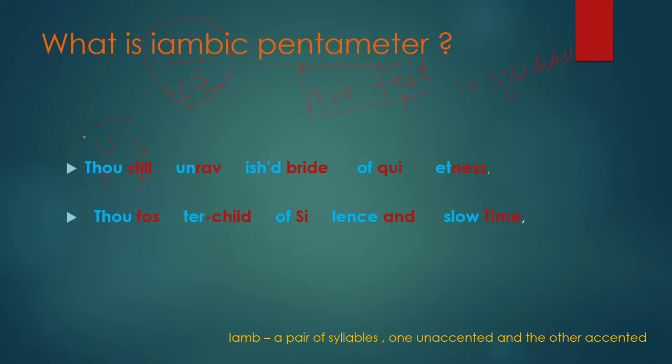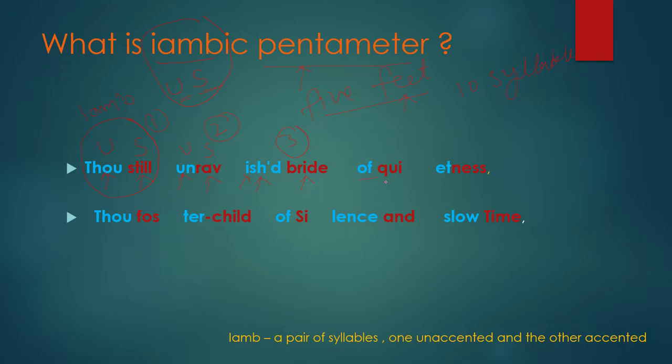So this is the first foot, and because it is unstressed and stressed, it is an iamb. Then unravished, one vowel sound, rav, another vowel sound. It is unstressed and stressed. This is the second foot. The red word is the stressed sound and the blue is unstressed. Bride, another vowel sound. This is the third foot.